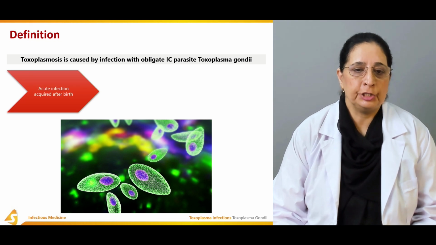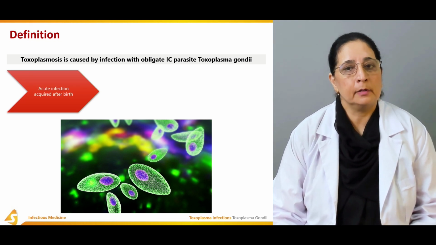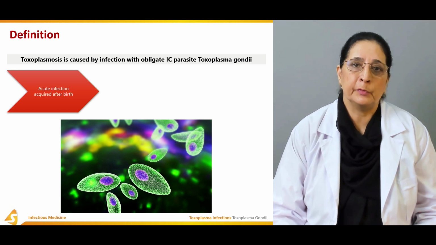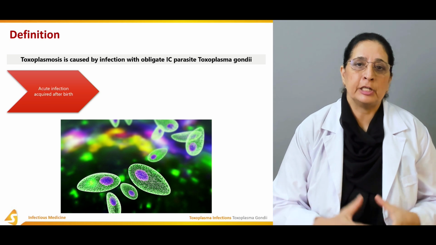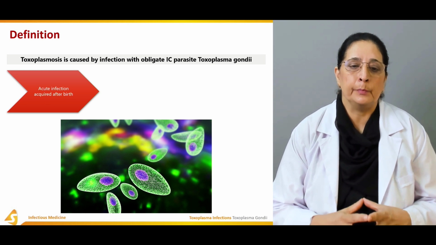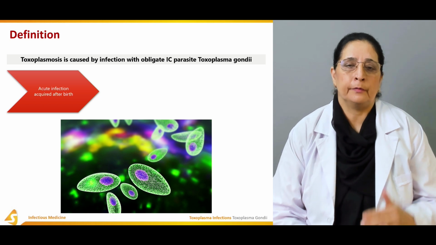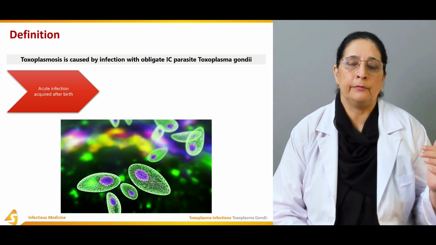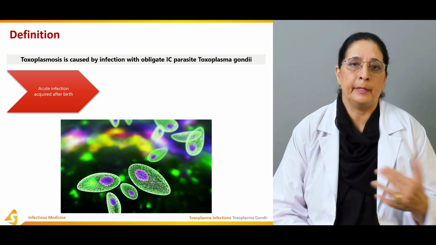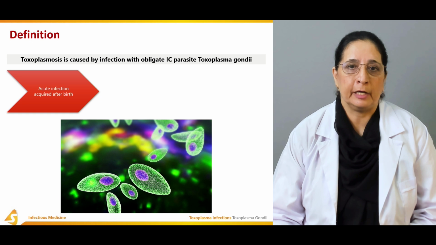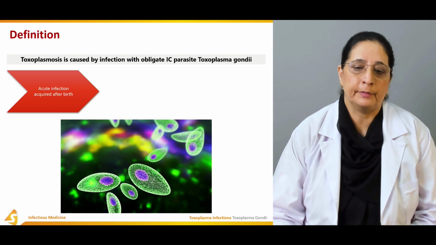Acute infection is acquired after birth. We also have congenital toxoplasmosis, which is the infection that is present at birth as a result of vertical transmission from the mother to the baby.